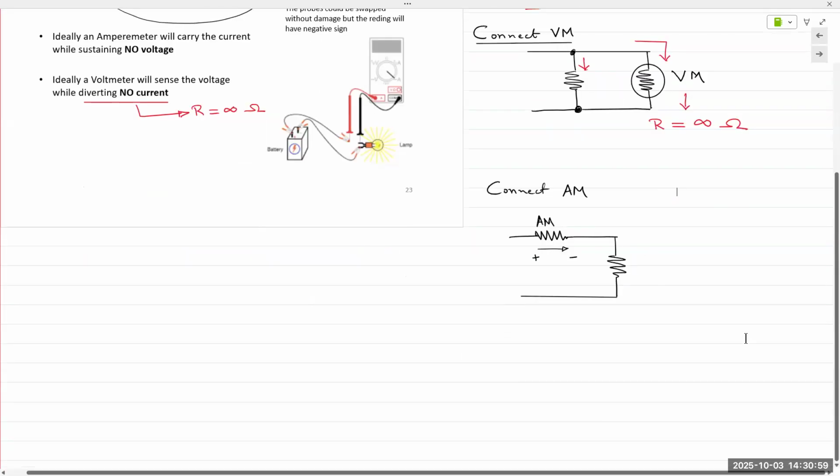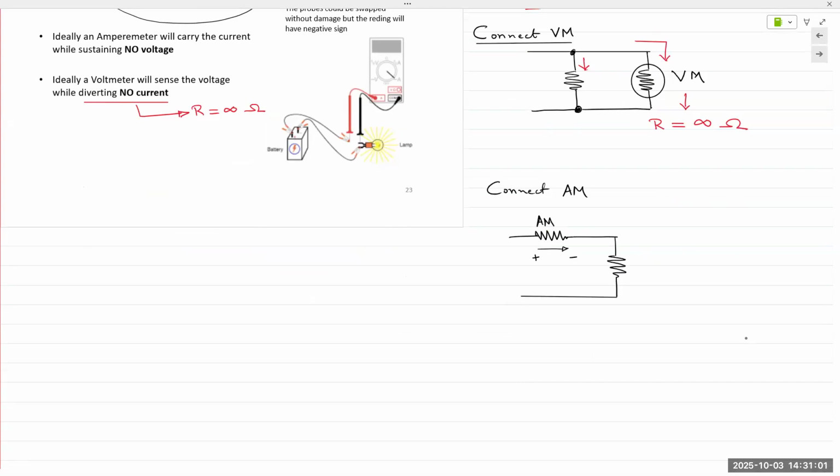This would be connecting an ammeter. So what you would want is to break the circuit and insert the meter in the middle such that the current passes through the meter itself. In order for it to measure, current needs to pass through the meter. Once it passes through the meter, it takes a measurement.